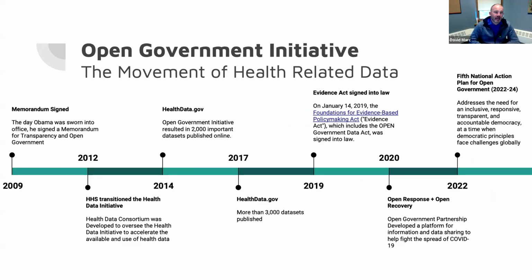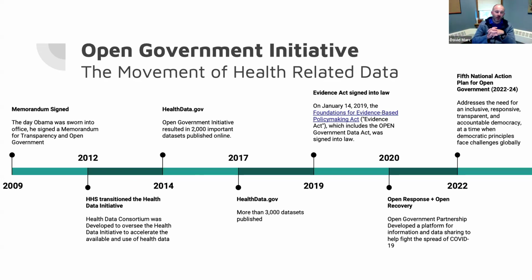So in 2009, the day Barack Obama was sworn into office, he signed a memorandum for transparency and open government. Part of that was accelerating this open government, this public data initiative.